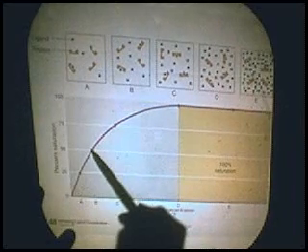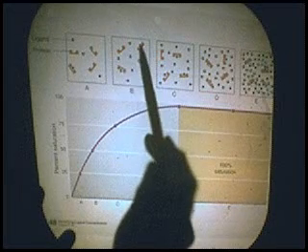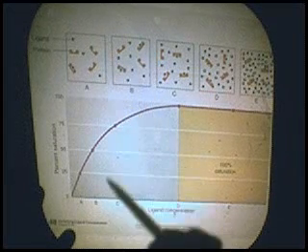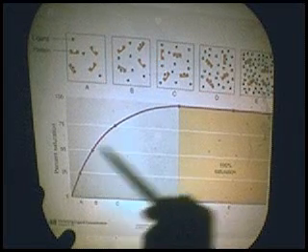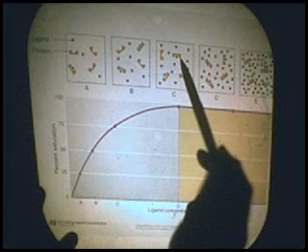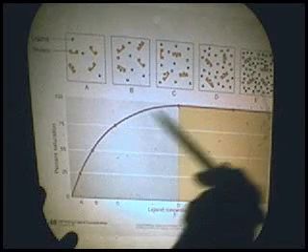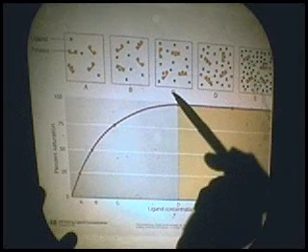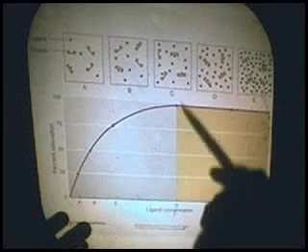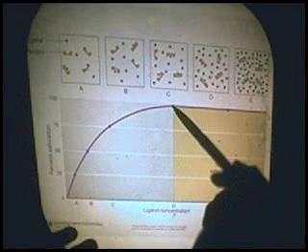The next bump, B, you have a higher concentration of ligand, and you have a higher degree of binding of the binding site. In C, you have higher still concentration, and you have 75% binding. So that's what this dot then refers to, this C. At D, you have such a high concentration of ligand that you have 100% binding.